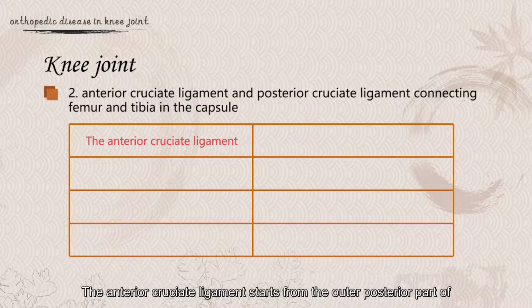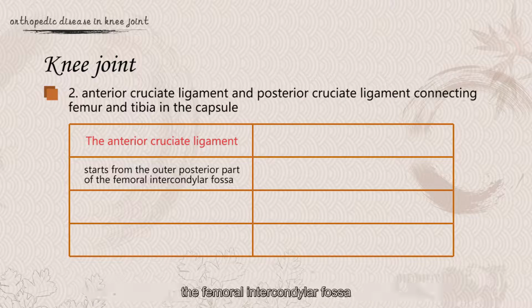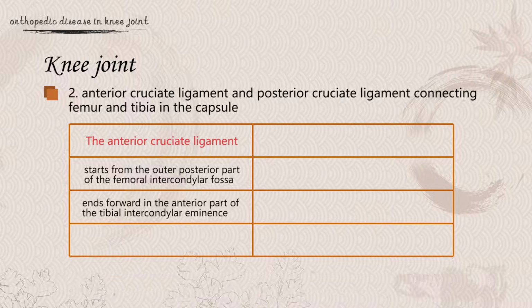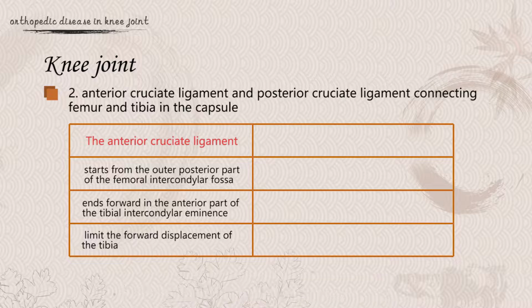The anterior cruciate ligament starts from the outer posterior part of the femoral intercondylar fossa and ends forward in the anterior part of the tibial intercondylar eminence in order to limit the forward displacement of the tibia.